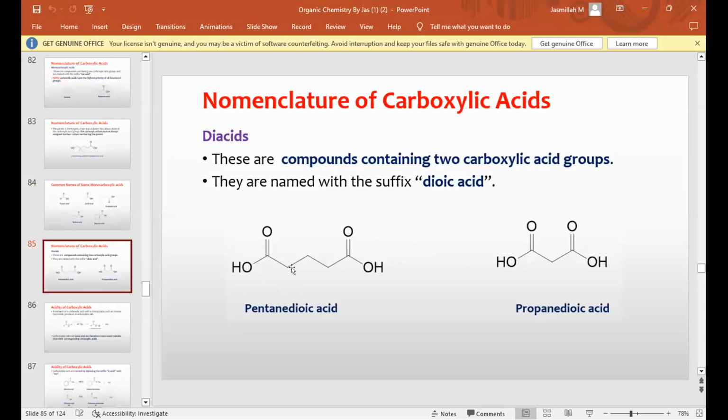So 1, 2, 3, 4, 5. If we start from this side, 1, 2, 3, 4, 5. So pentanedioic acid. And then for this compound here, 1, 2, 3 carbons. So propanedioic acid. Propanedioic acid.